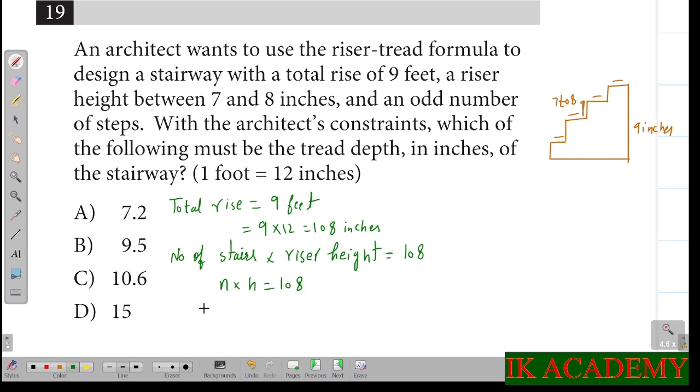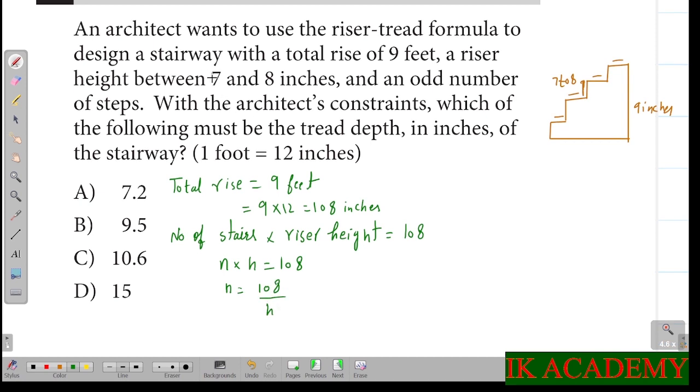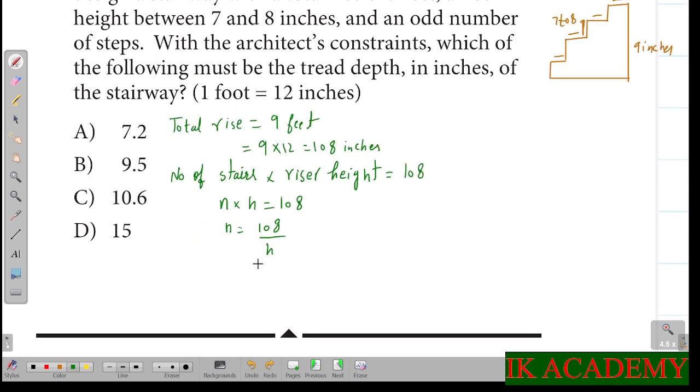When n is the number of stairs, we can present this equation in terms of h. It means n is equal to 108 by h. And we have been given that the height will be between 7 to 8 inches. Given that, height h is greater than 7 and less than 8.